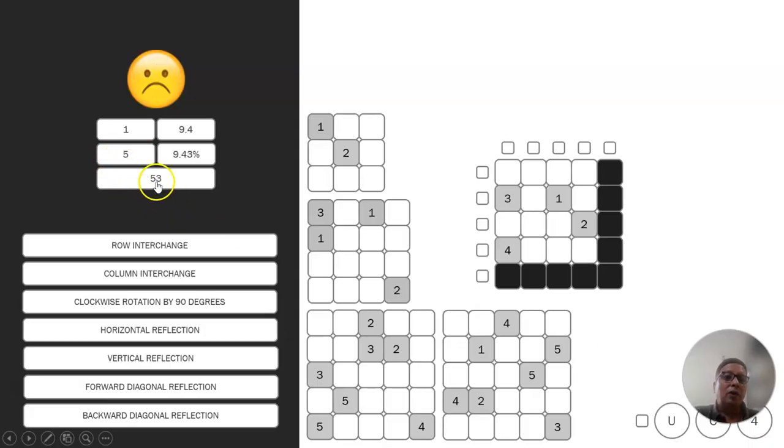So for order 4, I have played it 53 times, out of which 5 times I got the critical set, and the probability of getting an order 4 critical set is 9.43%. My current waiting time is 1, and the average waiting time is 9.4. I could try to get a critical set of order 4. Let me see.